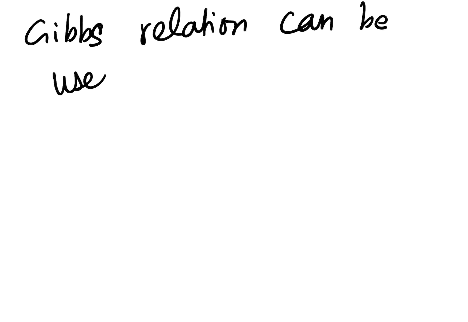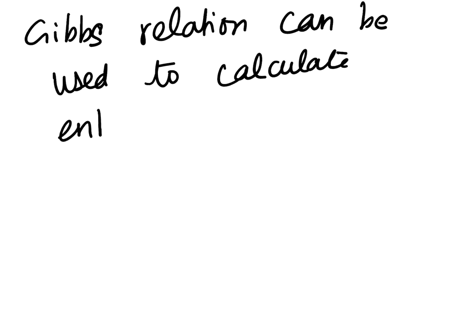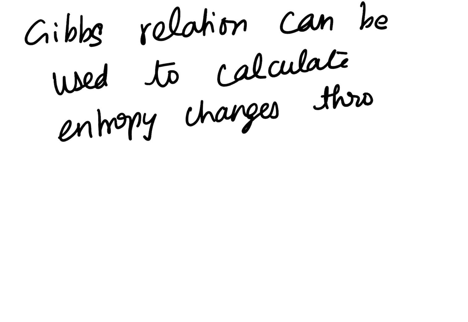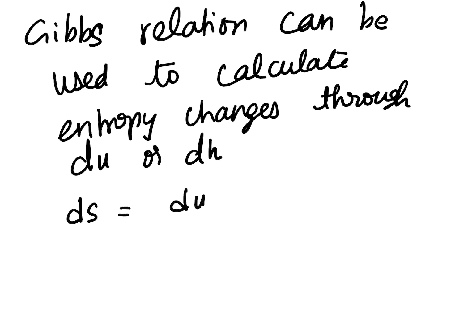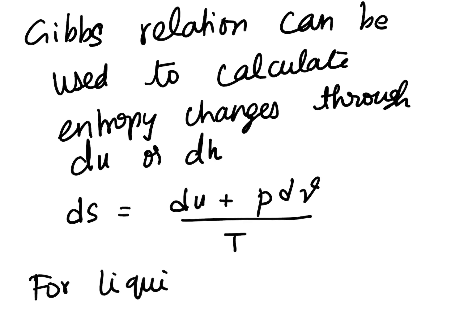The Gibbs relation can be used to calculate entropy changes through dH or dU. That is, dS equals dU plus P dV divided by T. Now, for simplicity, let's consider liquids and solids.